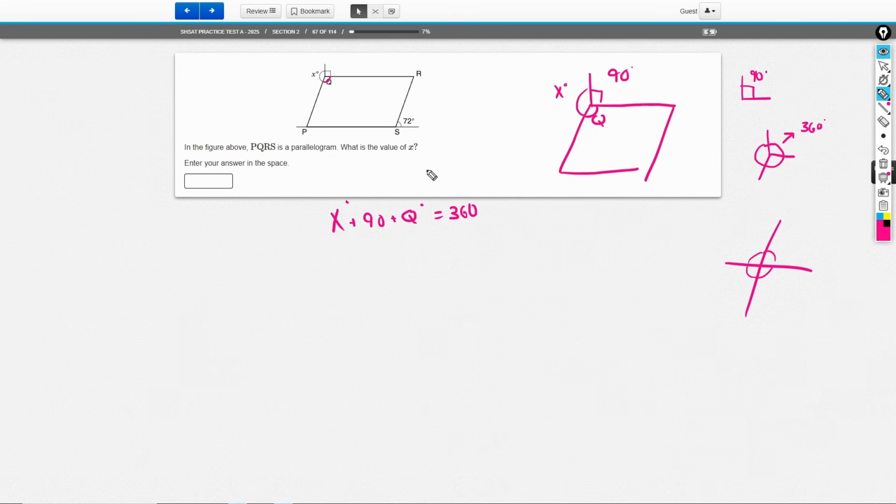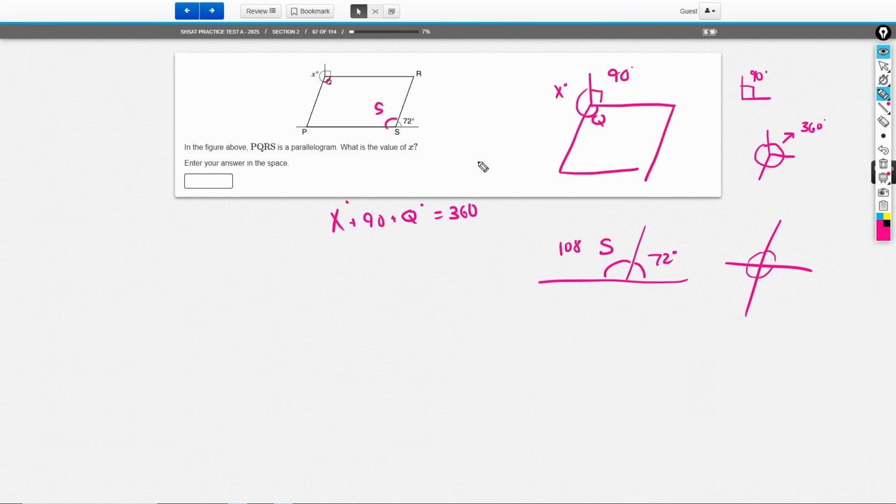So we need to know that in a parallelogram, opposite angles are equal. So that means that Q has to be equal to S, okay? We know that S is right here. We also know that if I were to zoom in on this image right here, this part is equal to 72 degrees, and then over here we have S. So S has to equal 108 degrees.